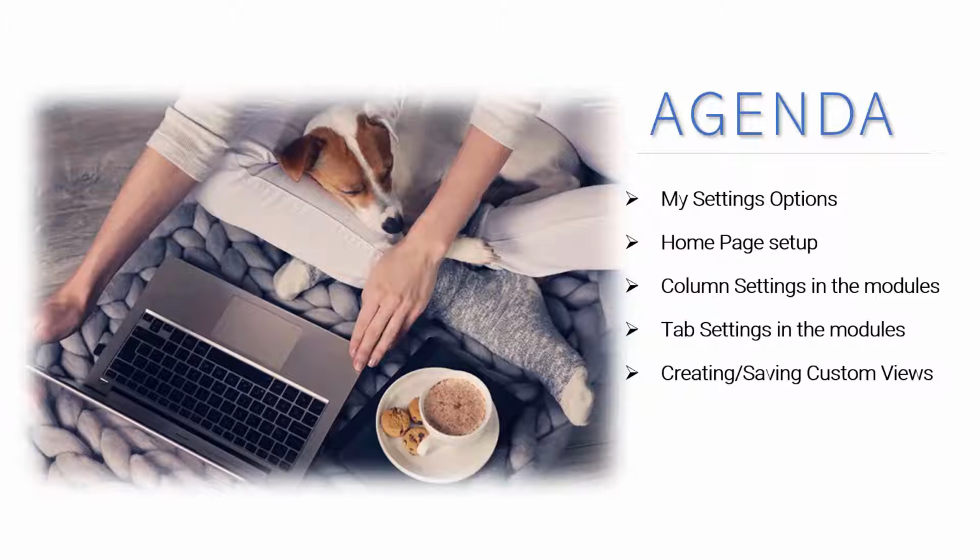Another way to use your database is creating what we call views or filters. When you create a filter, you may save it so that you can use it again and again and not have to recreate it every time you want to see a specific list of your accounts or contacts.